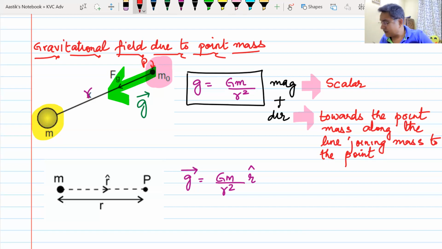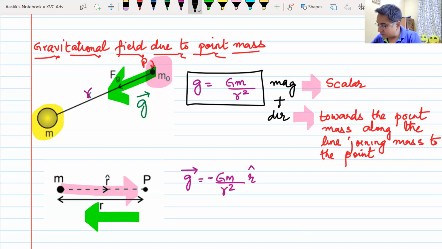towards the mass. Here in this vector equation, this r unit vector is going like this, but my gravitational field will be towards the mass, so it would be like this. So I should not write it as plus r, I should write it as minus r, because it has to be opposite to the direction of r.